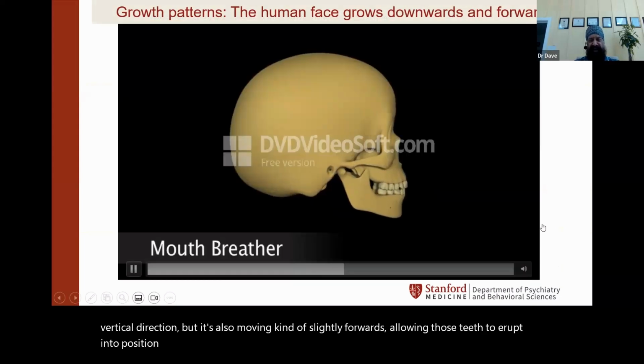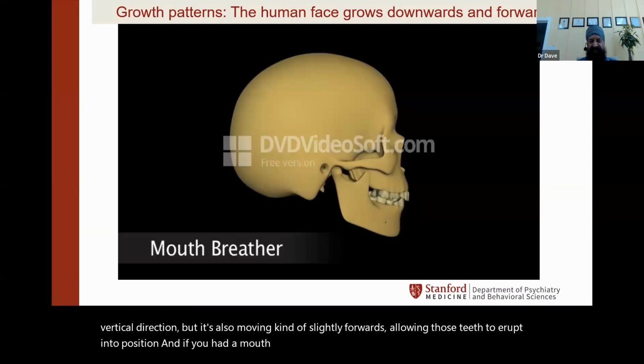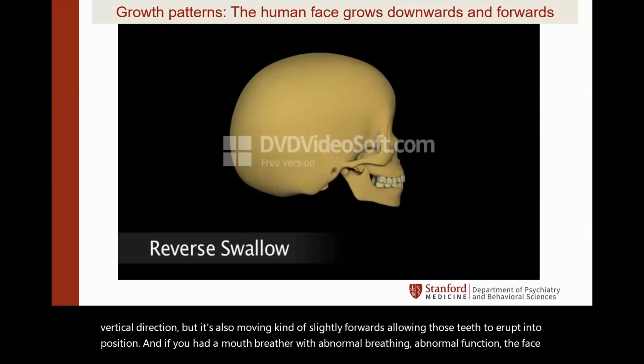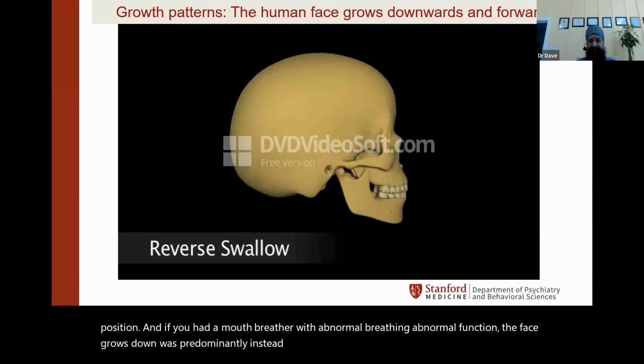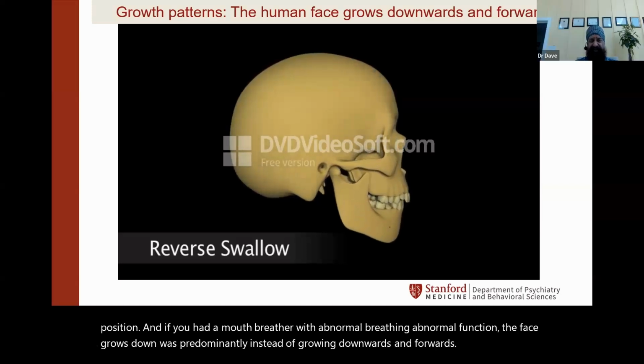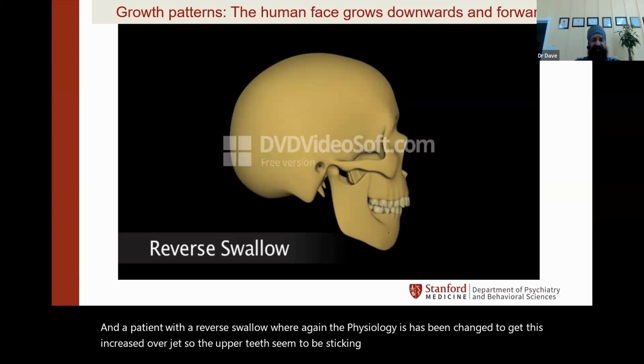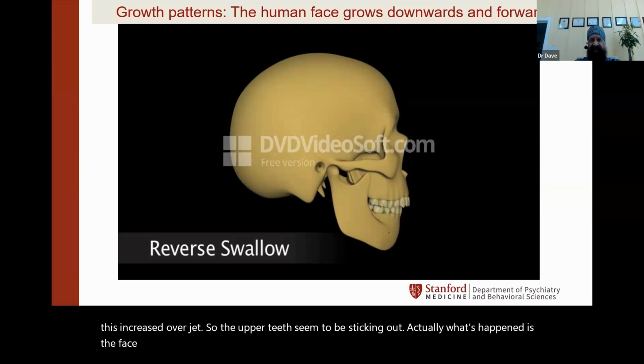If you had a mouth breather with abnormal breathing, abnormal function, the face grows predominantly downwards instead of downwards and forwards. And in a patient with a reverse swallow, where the physiology has been changed to get an increased overjet, so the upper teeth seem to be sticking out, actually the face has grown predominantly downwards and also backwards.